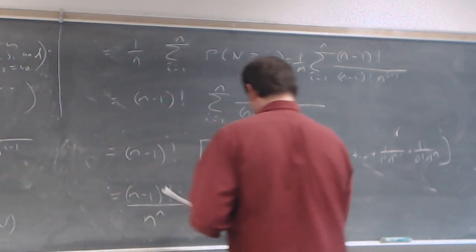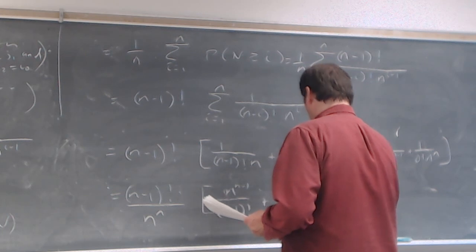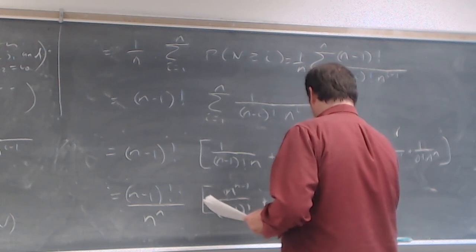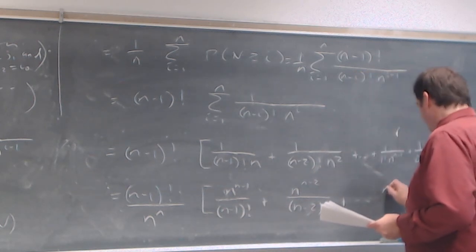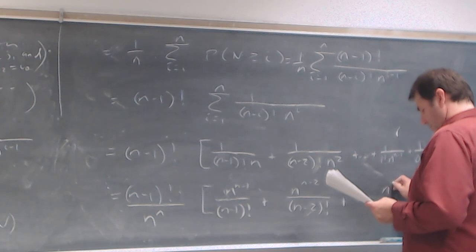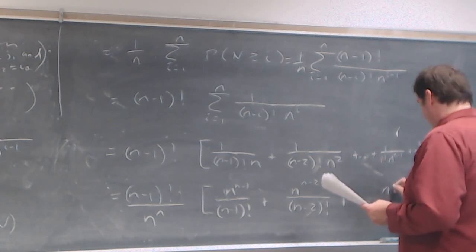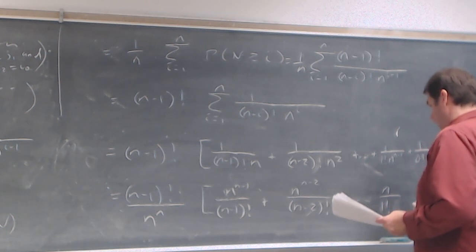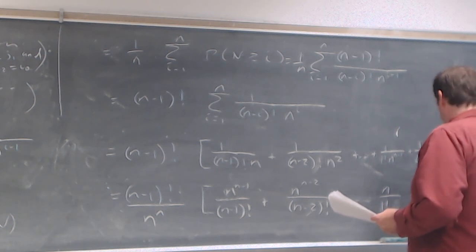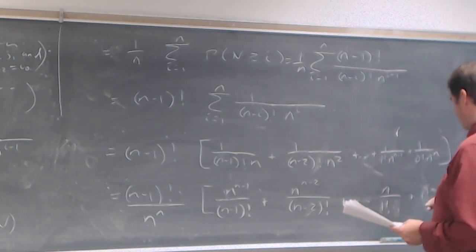And then plus, here it's n to the n minus 2 over (n minus 2) factorial, and then plus we'll keep going. Here it's going to be n to the first over 1 factorial. And then finally, when I pull out n to the n, in the bottom we just have 1 over 0 factorial.